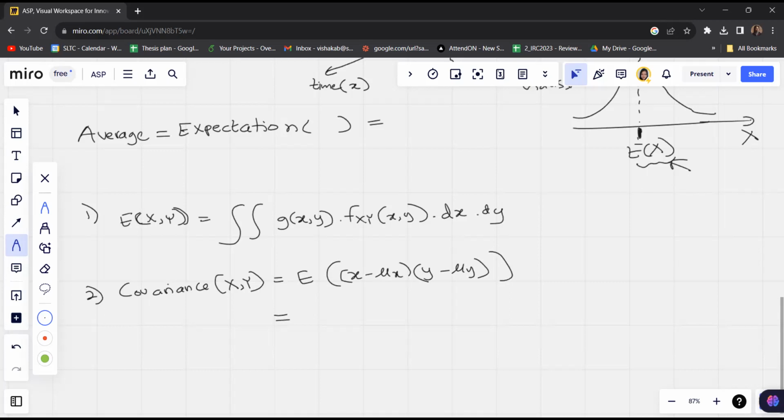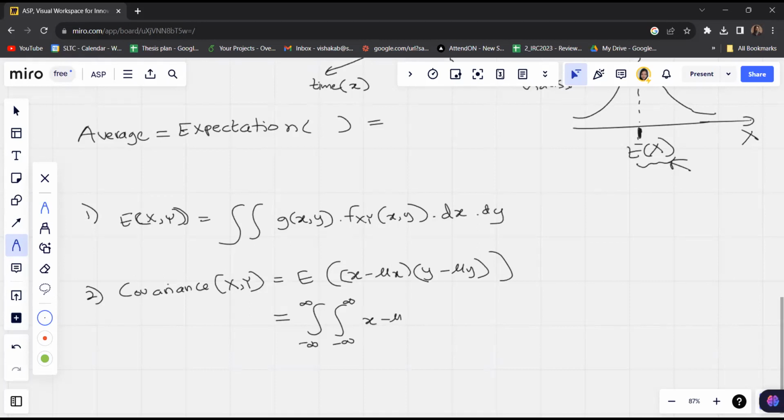This can be further elaborated using this integration, where I take the integration over minus infinity to plus infinity for both x and y random variables, with respect to the PDF.